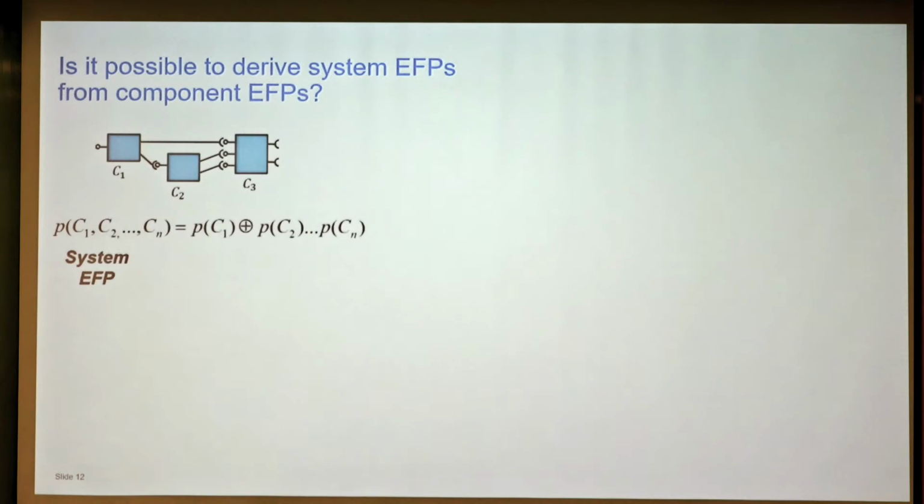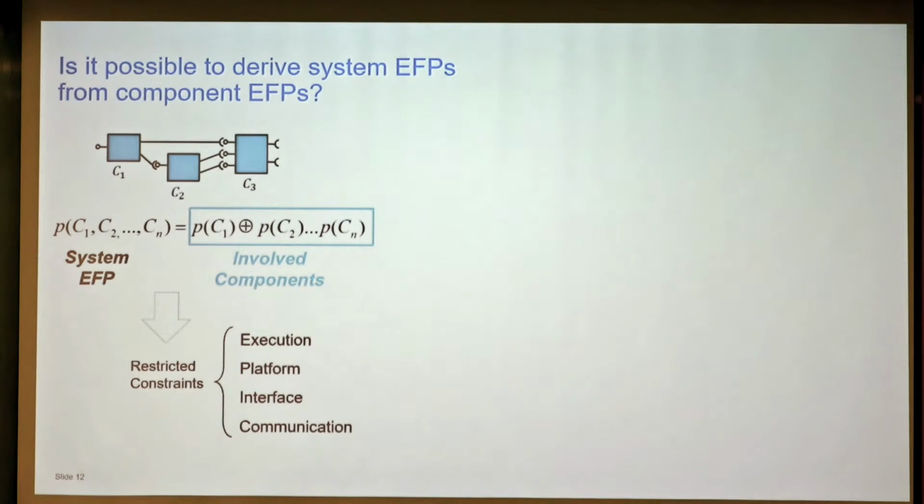So consider that we have our system. Our objective was, is it possible to calculate some of the extra functional properties using the information that we have already available at component level? In general, the answer is no, but considering embedded applications, which have very restricted constraints in relation to the execution, to the way the communication is carried out between hardware and software and between the components, we have a constraint on the platform, for instance on the OS that we are using.